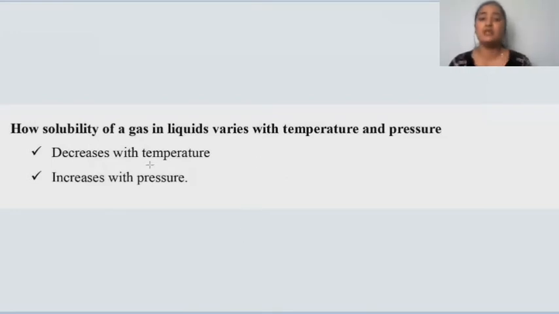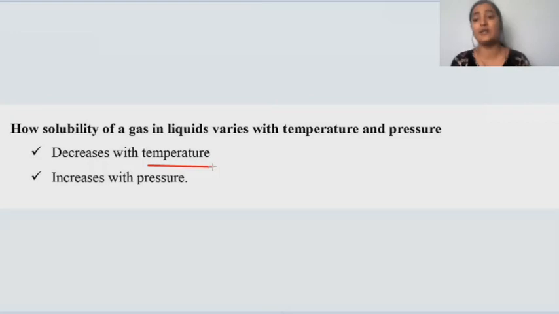Here, as you raise the temperature, what happens? For example, you have taken 100 ml of water, and in it you have dissolved, for example, nitrogen gas. You are raising the temperature, that is, you are heating up the mixture, whatever solution mixture you have taken. When you heat it, the temperature rises.